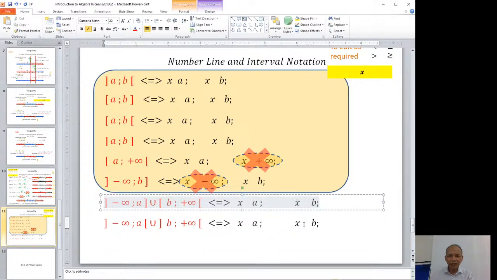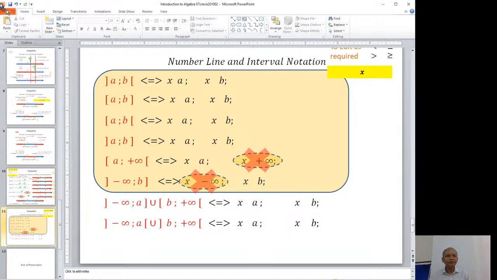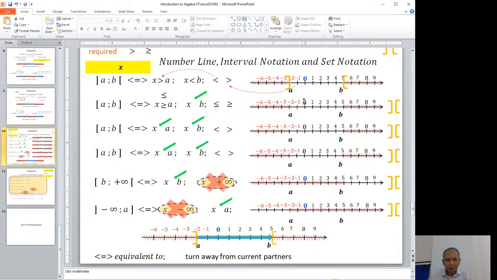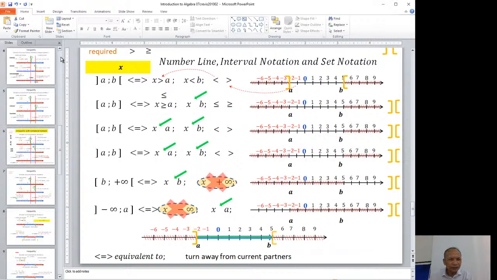x and a, x and b, okay. So this is, we arrive at the end of the presentation and you have to understand this, and another value you see here, all here, okay, from the beginning.